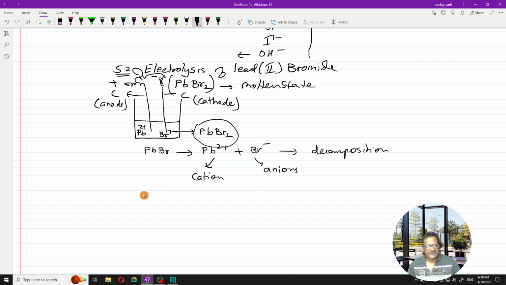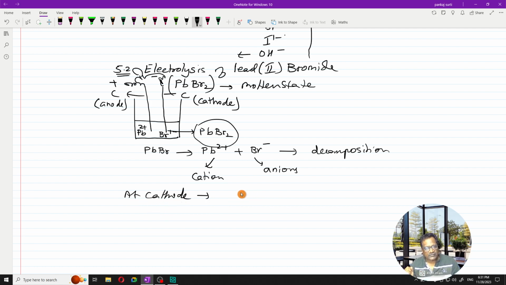Now what will happen at the cathode? The cathode is connected to the negative terminal, so it will have a negative charge. It will be full of negative charge because it is connected to the negative terminal, and being negative, it will try to attract the positive charge.